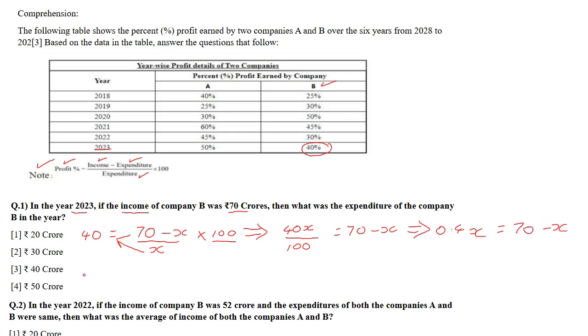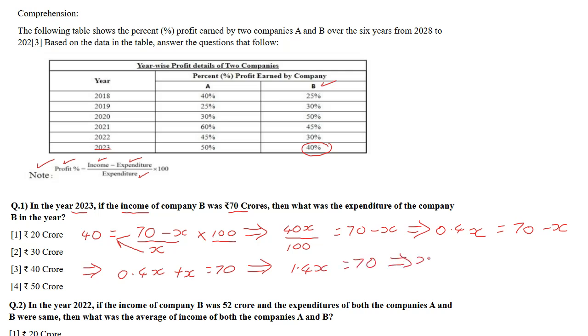Now, I'm simplifying it further here. Minus x over here is subtraction, goes that side, it becomes addition. So we have 0.4x plus x is equal to 70, which further simplifies to 1.4x is equal to 70.